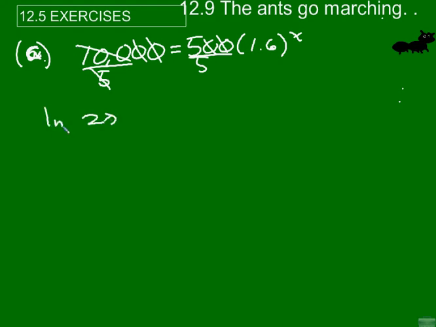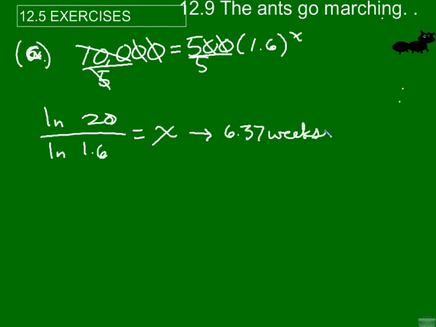Take the natural log of 20 over the natural log of 1.6 equals x. And that is going to be 6.37 weeks. It's like a quarter of school. What kind of boat is traveling around for 6 weeks? Alright, so multiply by 7. It's, I don't know, somewhere in the 45-day range.